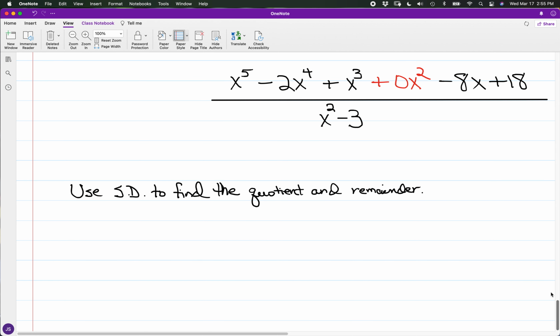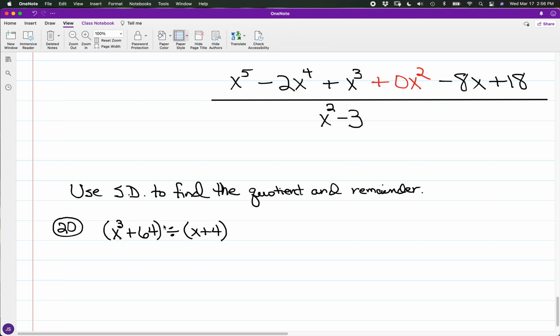in the case of number 20, we have a sum of cubes divided by x plus 4. And if you remember, when we factor the sum of cubes, we have a binomial factor and a trinomial factor.